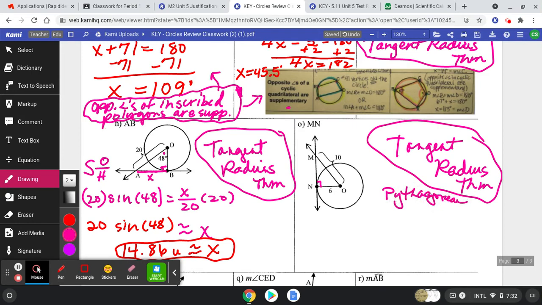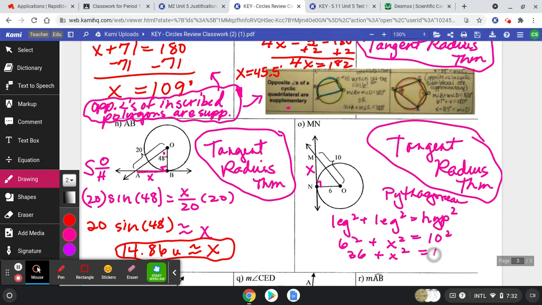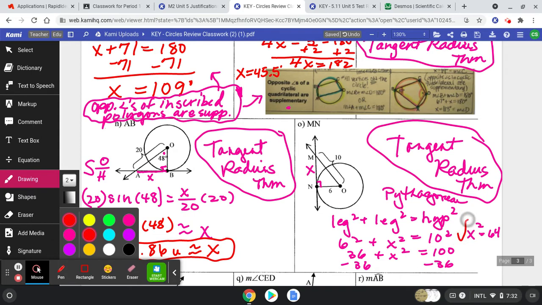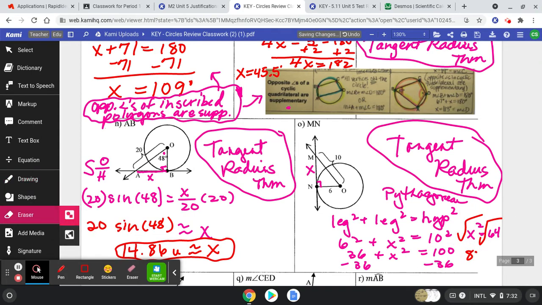And so we're going to say leg squared plus leg squared equals hypotenuse squared, or 6 squared plus the unknown squared. Let's call this unknown x. And so 36 is going to get subtracted from both sides. And that gives me x squared equals 64. When I take the square root of both sides, I'm going to get that x is equal to 8.